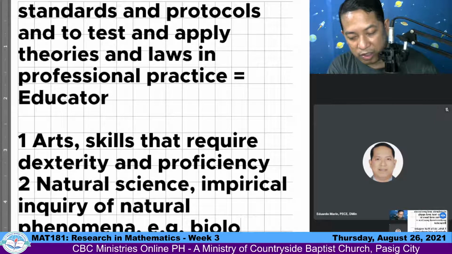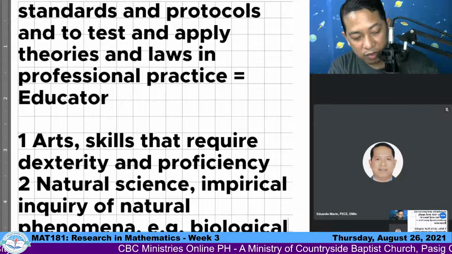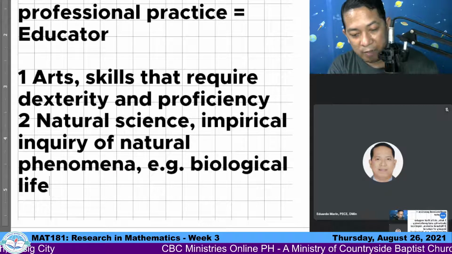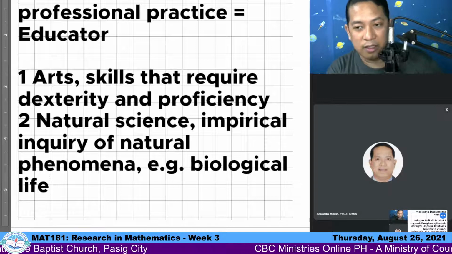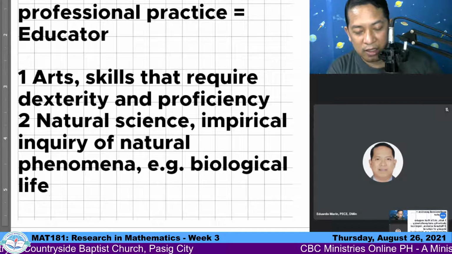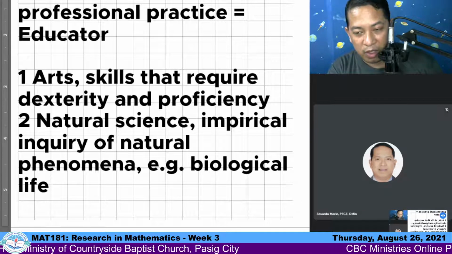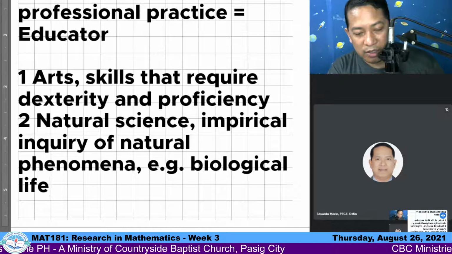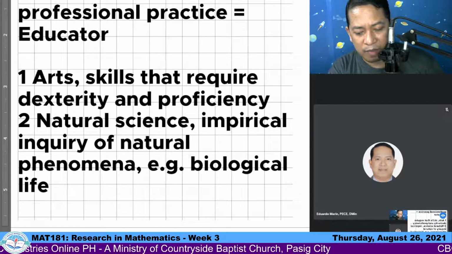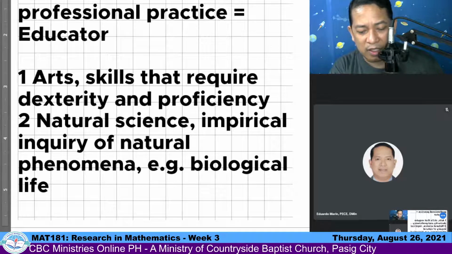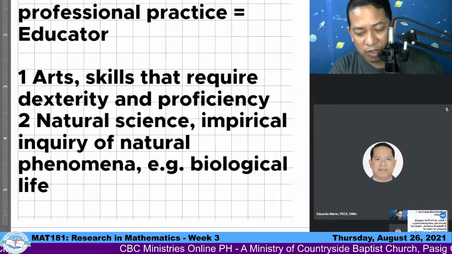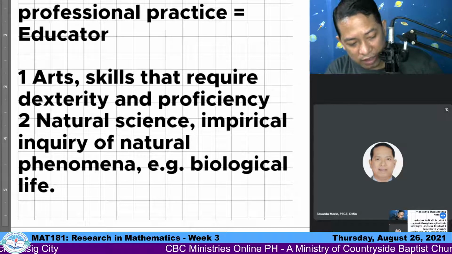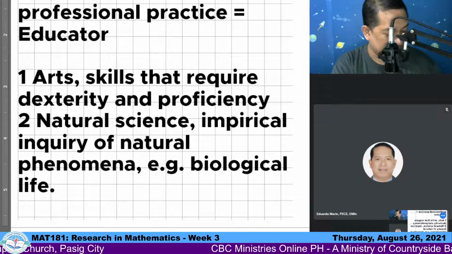So for biology students, this could be perhaps the fauna or flora of a particular locality compared to the general characteristics of the fauna and flora of a larger community. So something like that. There could be an empirical inquiry. No? So it's just a natural phenomena of observation, and other things, etc.